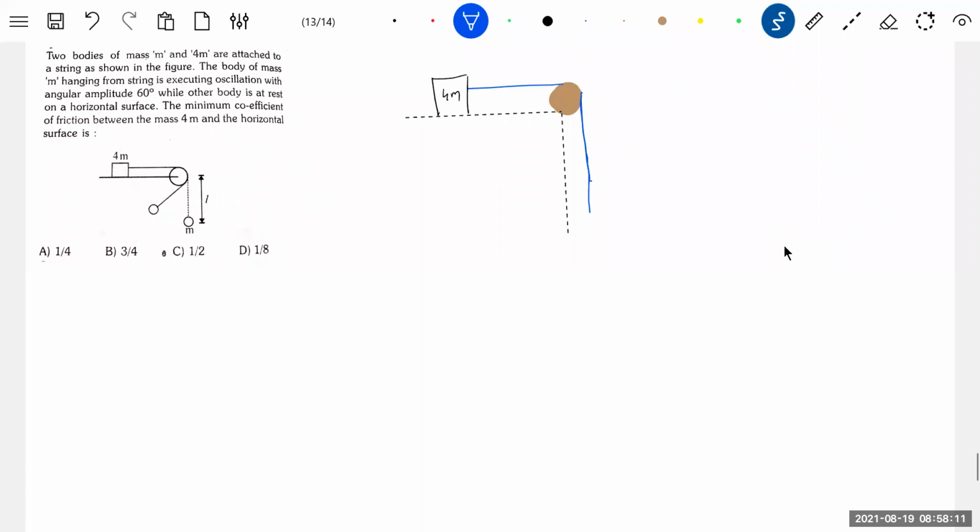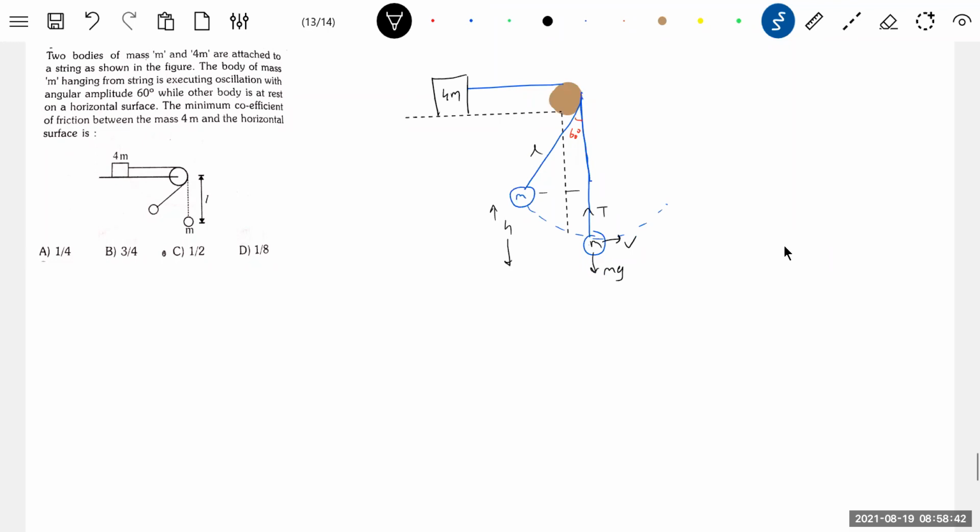The bob is executing this motion. Now when it comes to this position, it is going to swing like this. This angle is given as 60 degrees. When it arrives here, how much velocity will this bob have, v, and the tension here, T, and the length of the string is L. How much height will it descend, h?